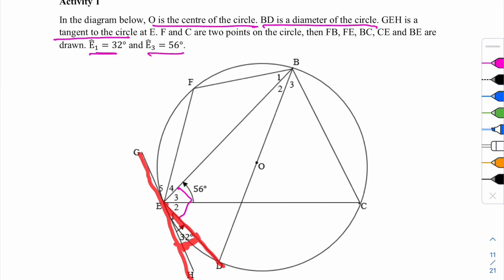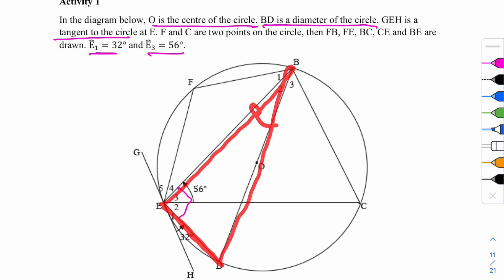We look at the angle that is subtended by this chord. Draw a line, this is where the lines meet, which is B2. So meaning that B2 is also 32 degrees by tan chord theorem.